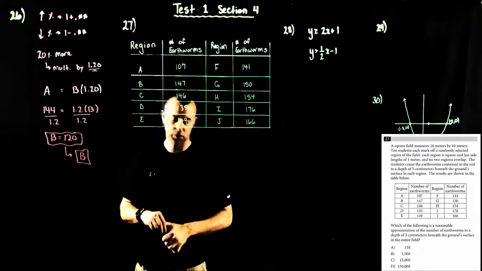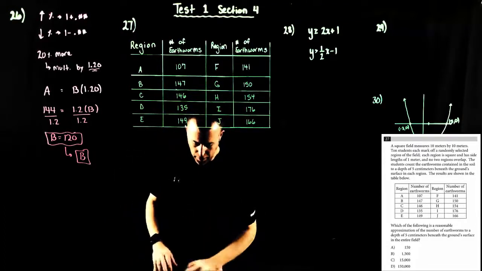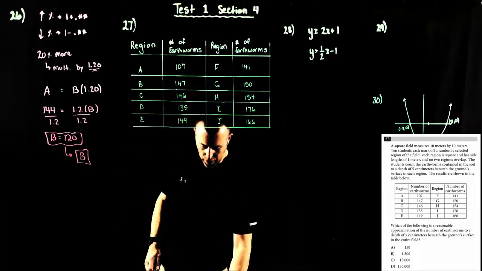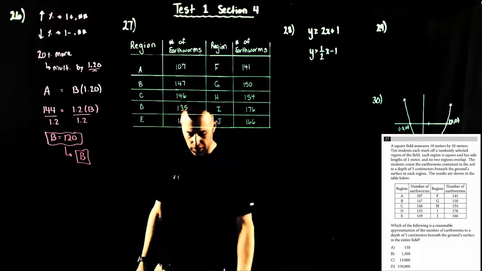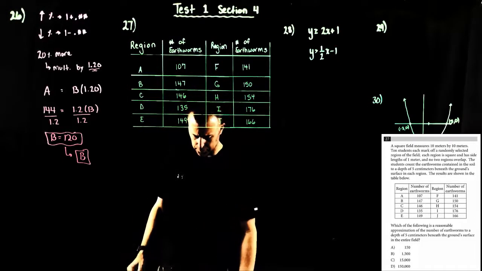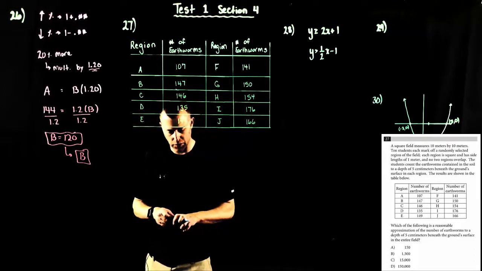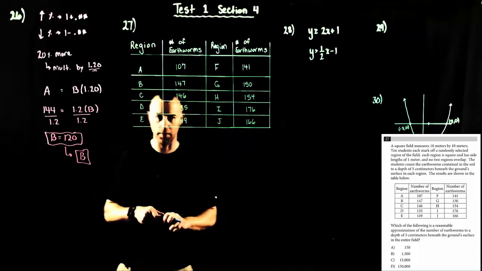Moving on to number 27. We have a square field. Now this is measured 10 by 10, and we have 10 students each mark off a randomly selected region. Each region is a square and has side lengths of 1 meter.